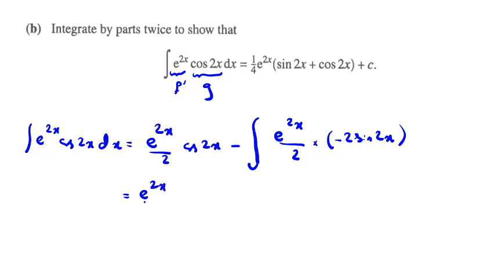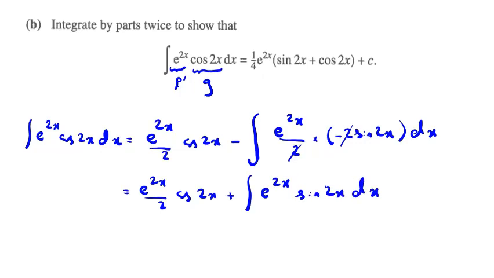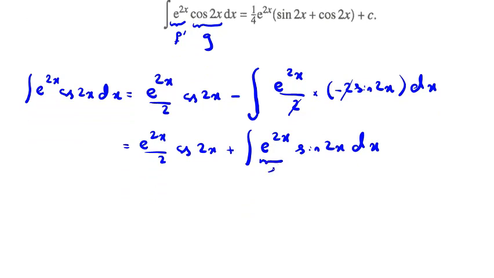So it will be e^(2x) over 2 cos 2x. If we simplify, these two will be cancelled. Negative, negative will be positive. It will be the integral of e^(2x) sin 2x dx. Again, here we consider this one f1 prime, and this one g1.